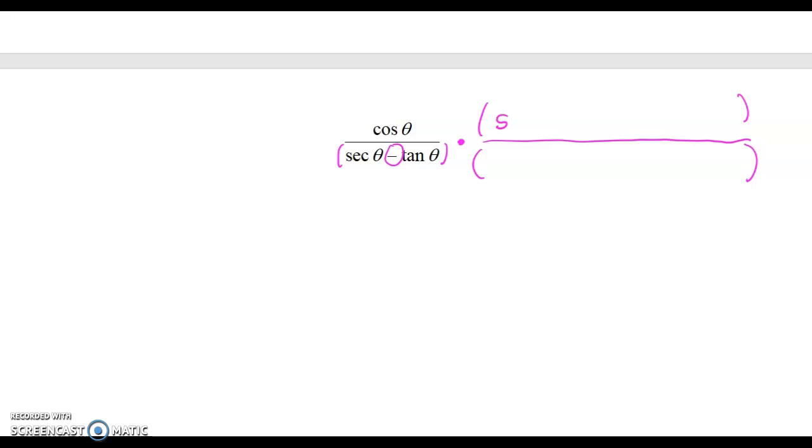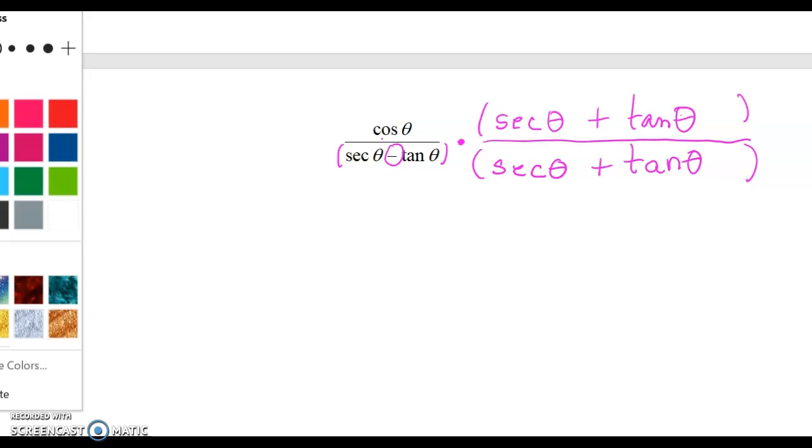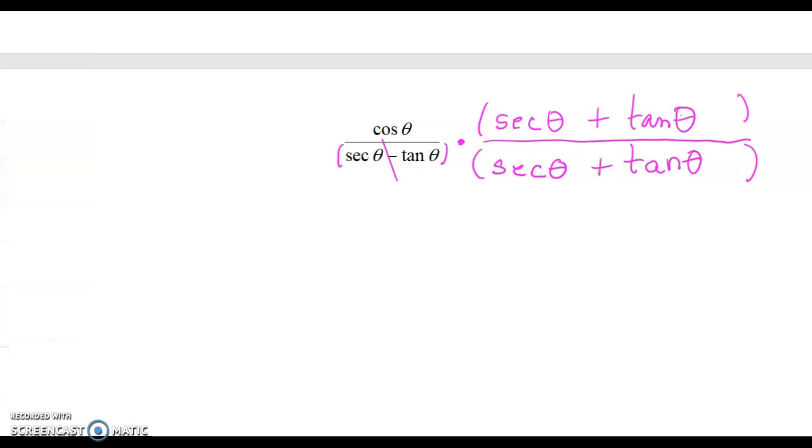So we're going to multiply by secant theta plus tangent theta over secant theta plus tangent theta. So what I've written in pink is really just 1. So we're just really multiplying by 1.